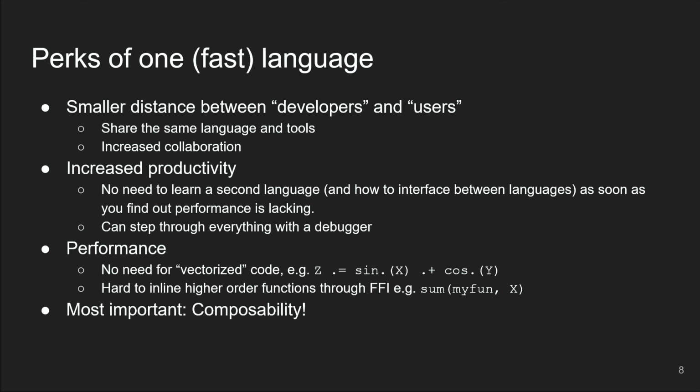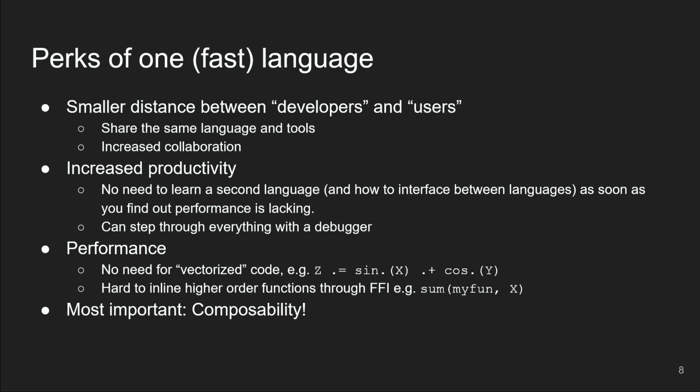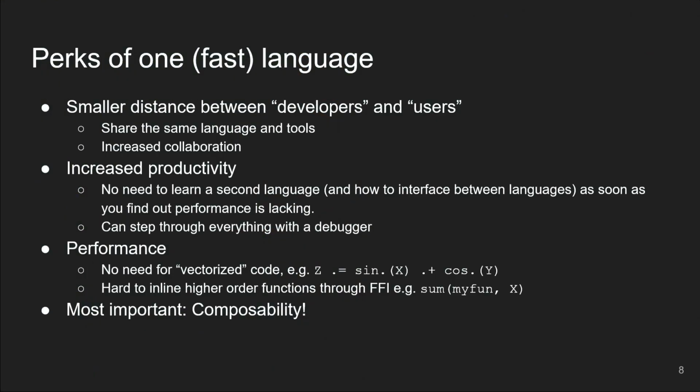And you can also do things like step through everything with a debugger. If you have two languages, it's hard to step into the second language with a debugger. And there's also some performance considerations. So typically, when you use maybe MATLAB or NumPy, you talk about this vectorized code where you're calling sine on a big vector, then you call cosine on a vector, and then you add those two vectors and so on. So you're not doing this small scalar operation in your native language, but you're trying to do this vectorized style.